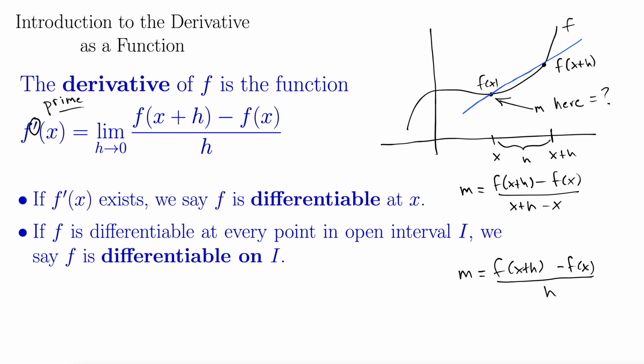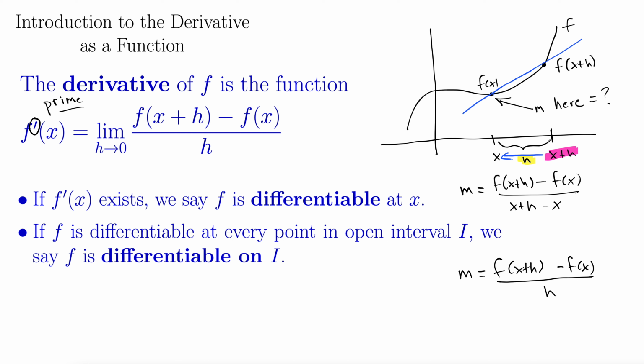But we want the slope at a single point, not that line that goes through 2 points. So we'll do a little trick and let that h shrink to 0. When we let h shrink to 0, we're pulling this x plus h in toward the point x. You get closer and closer until you're just on top of x itself.